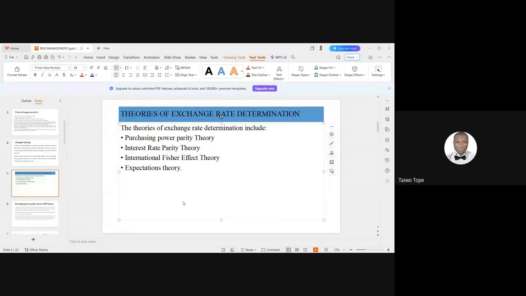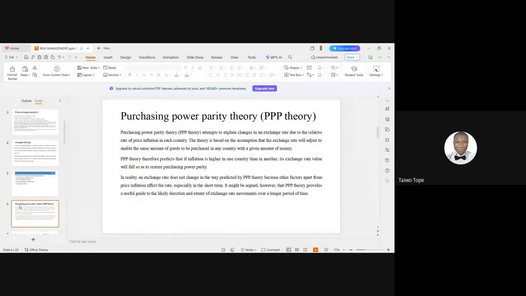Thank you. Purchasing power parity theory. This theory states that the exchange rate between two currencies depends on relative inflation rates within the respective countries. So when we talk about purchasing power parity theory, we're looking at exchange rates in relation to inflation.